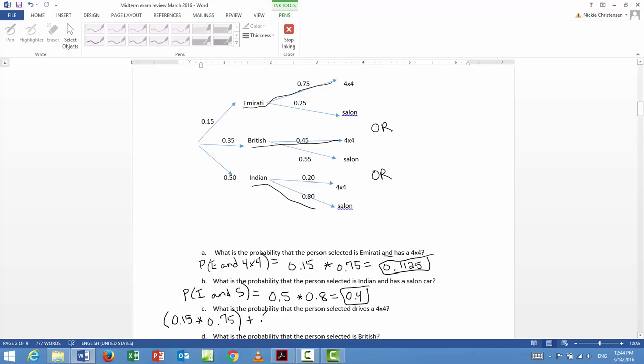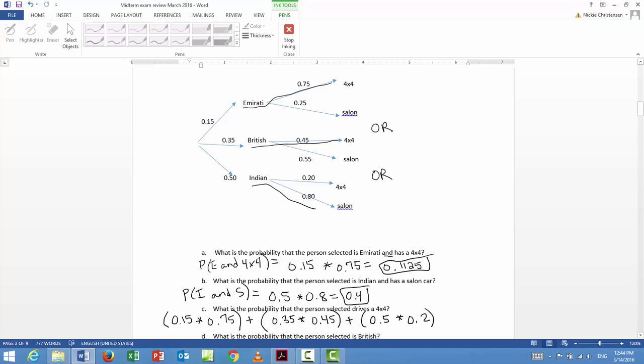Then we're going to add that to the probability of British and 4x4. So 0.35 times 0.45. And then we're going to add that to the probability of Indian and 4x4. So 0.5 times 0.2.